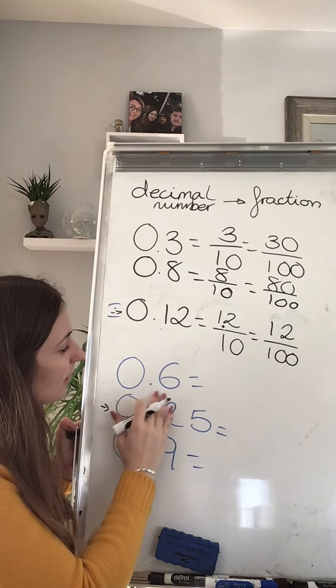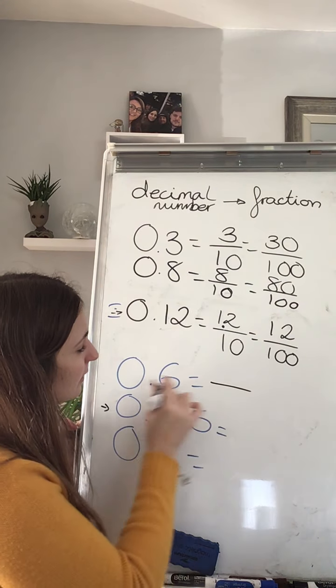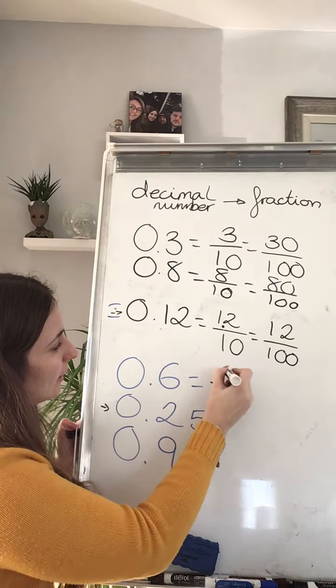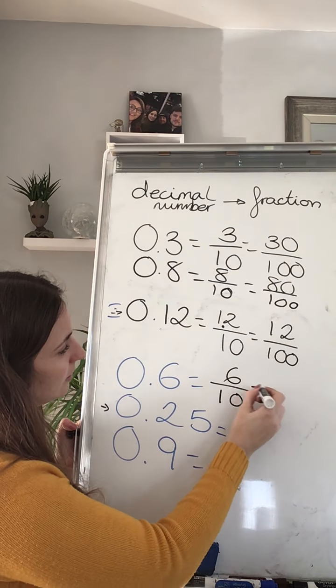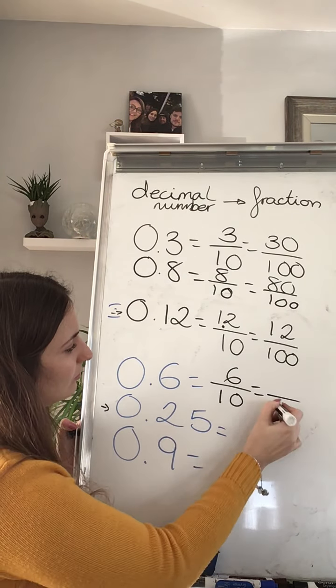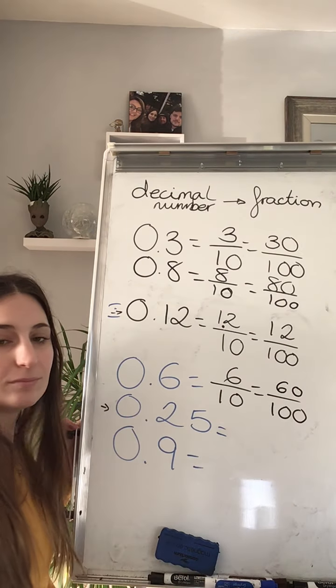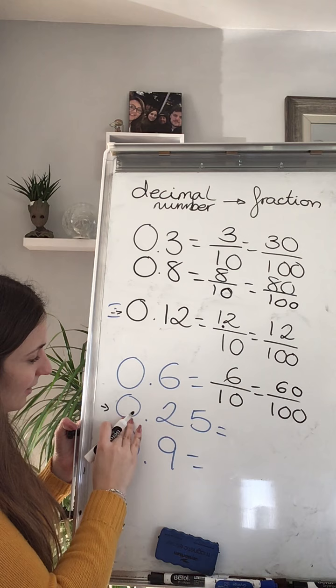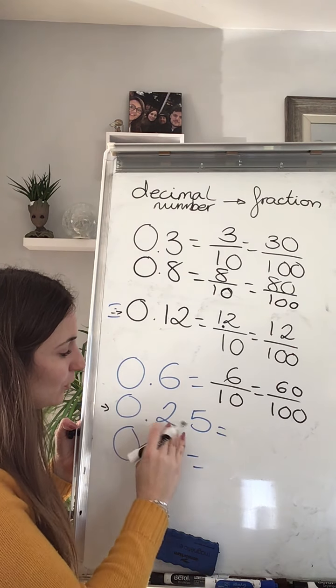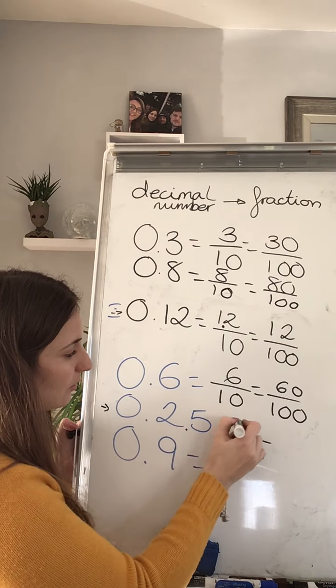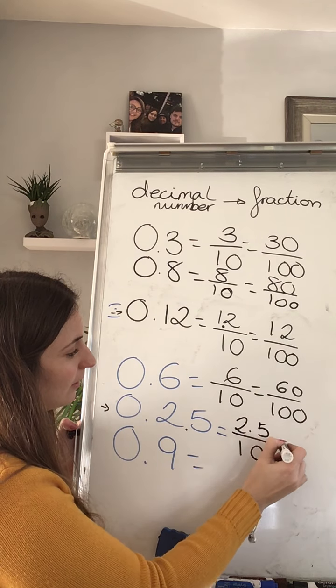Okay, right, so I have 0.6. That means that if I time it by 10, I will get 6 tenths. And if I time it by 100, I will get 60 hundredths. Okay? 0.25, if I time it by 10, it will be 2.5 tenths.